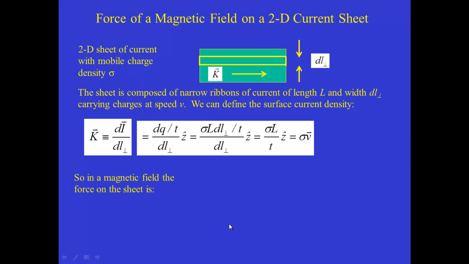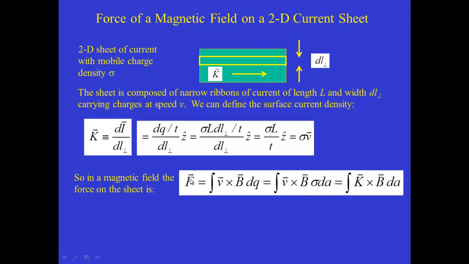So in a magnetic field, the force on the sheet can be written like this. The sheet is carved up into little individual bits of charge, and so we have dq v cross B. We integrate that, and dq is equal to sigma dA, where dA is just an area element on the sheet.